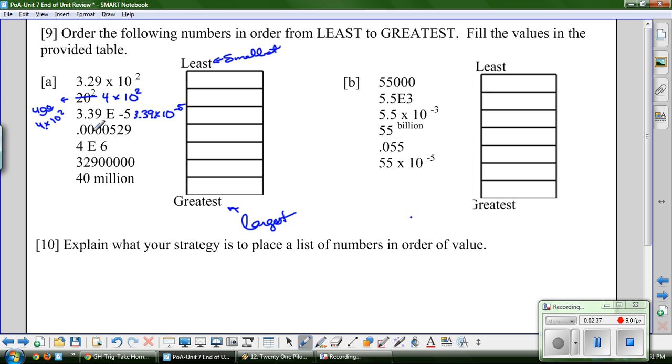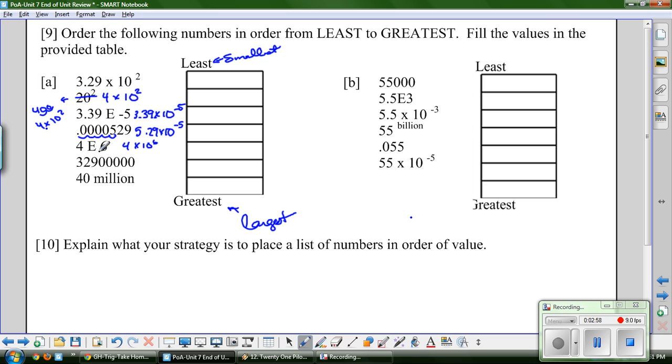But anyway, let's scientific notation this whole set. Now check this out. 1, 2, 3, 4, 5 places, but going backwards, means in scientific notation this is 5.29 times 10 to the negative 5th. 4e6 is just 4 times 10 to the 6th if you want to see it that way.